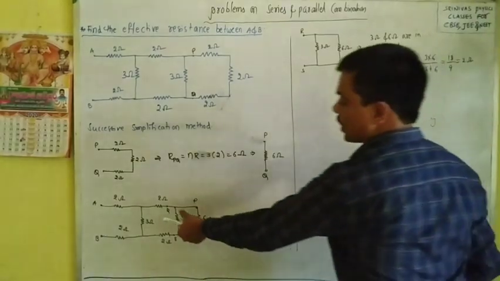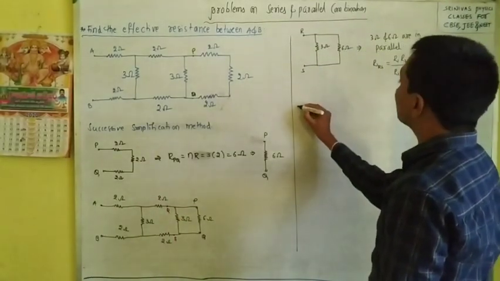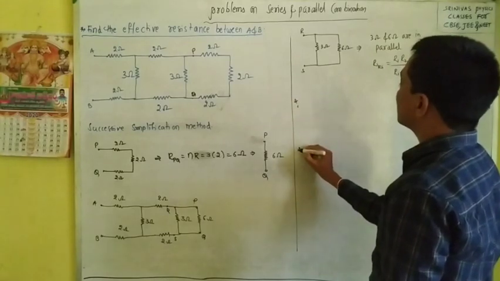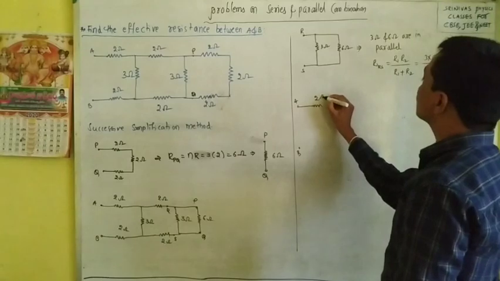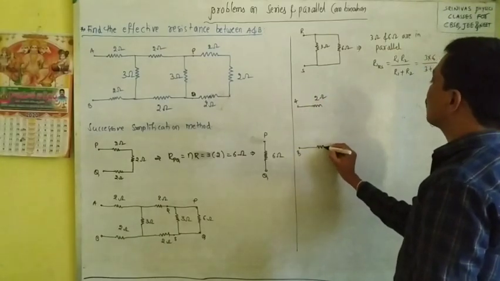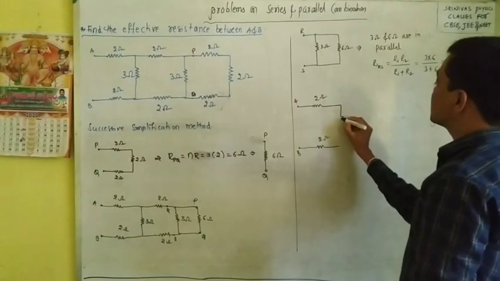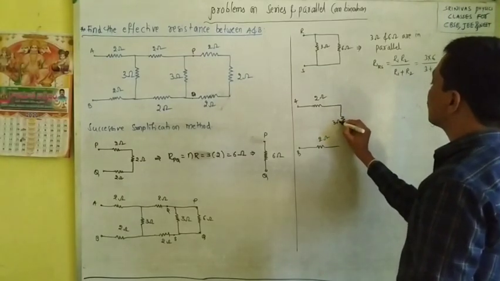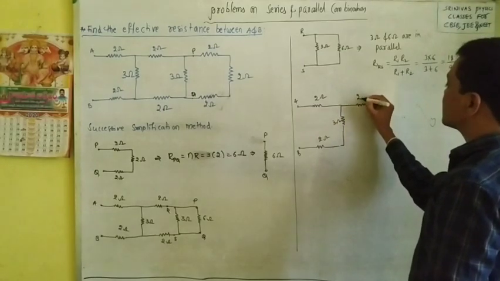Again we have to attach the 2 ohm here. Then we can redraw the diagram, right? This point is A and this point is B. If you redraw the diagram, we will get this as 2 ohm and this as 2 ohm, and this is 3 ohm. This is again 2 ohm.